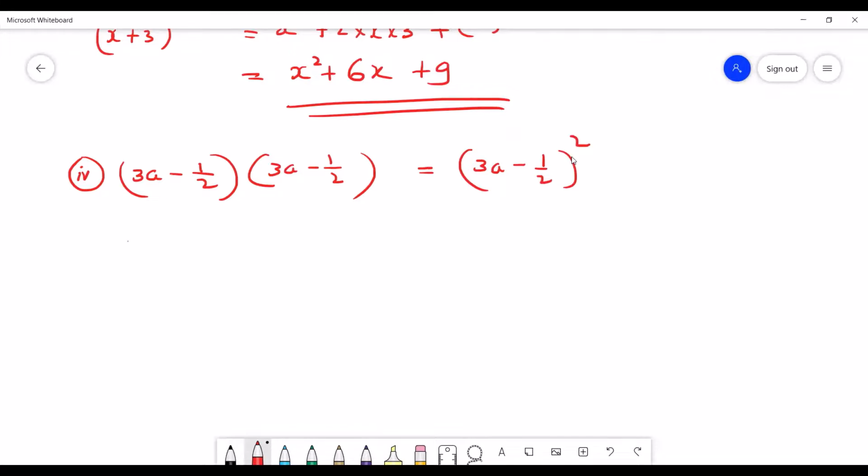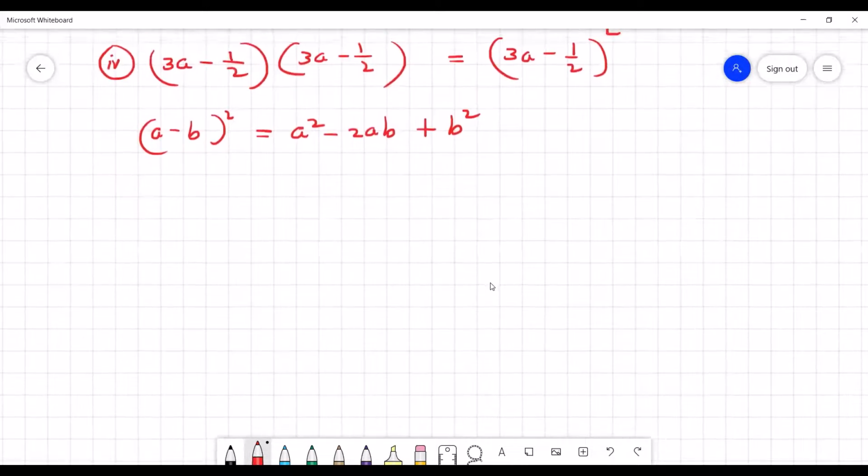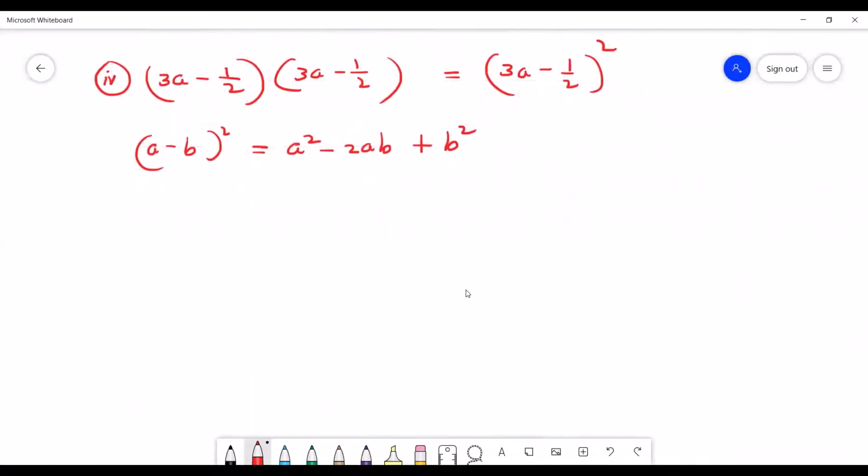So this is equal to a minus b whole square is equal to a square minus 2ab plus b square. So here we are having a as 3a and b as half.